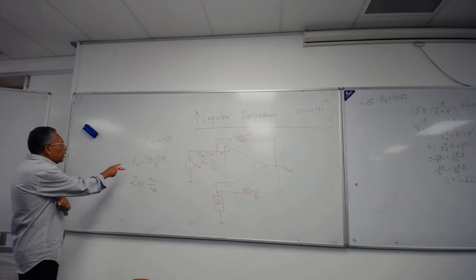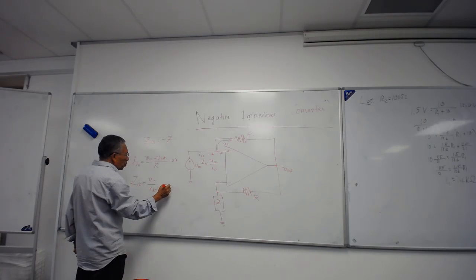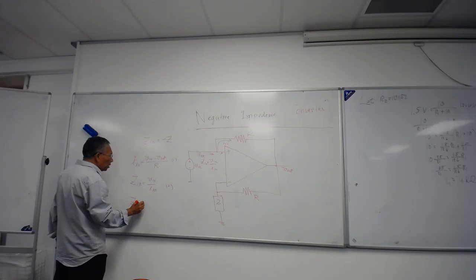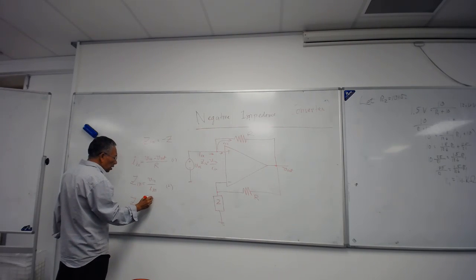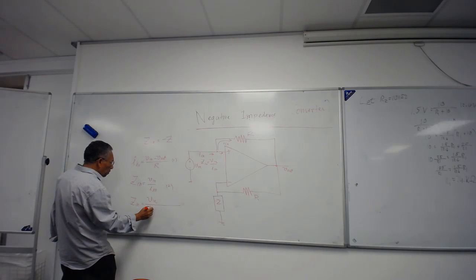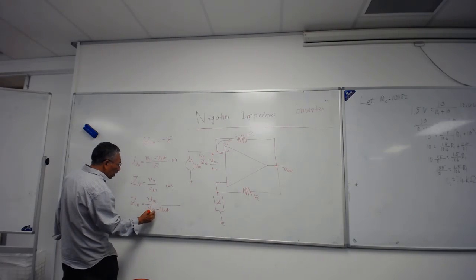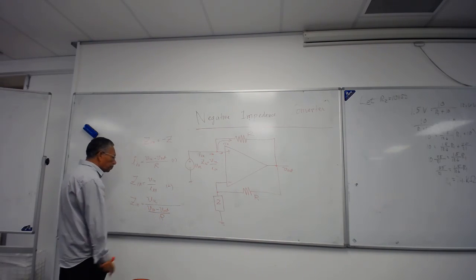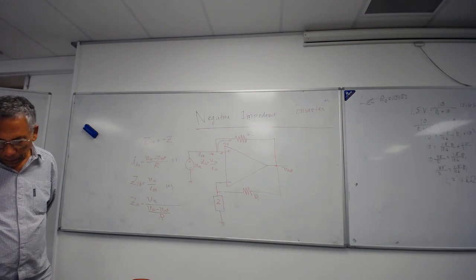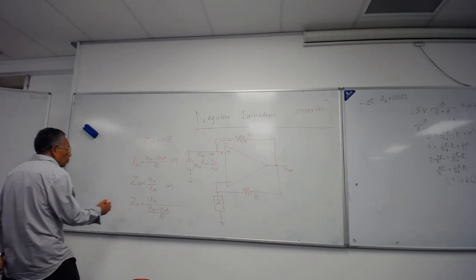So I in you have got here, so we can label this equation as 1, this as equation 2, then Z in is equal to V in divided by I in, equal to V in over (V in minus V out) divided by R. We call this equation 3.